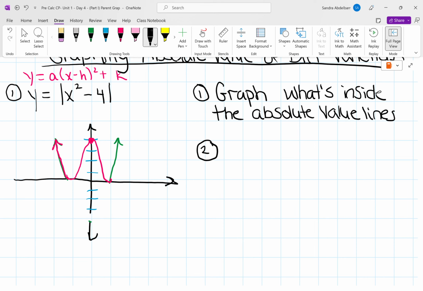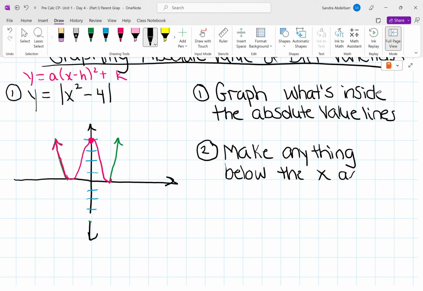So step 1 was graph what's in the absolute value line. Step number 2, make anything below the x-axis positive.